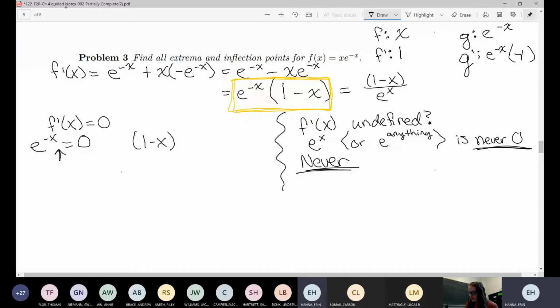Now, e to the anything is never 0, but 1 minus x being equal to 0 would give us x equals 1. So essentially the only critical point we have from this derivative is x equals 1, and it's the only critical point this function will have.